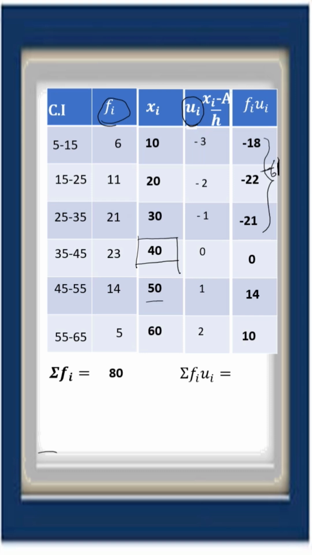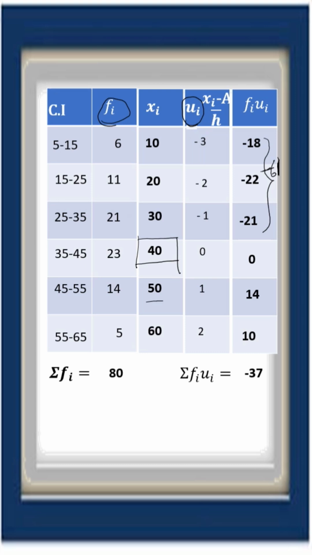Negative of 61. Here positive of 24. What is it? Negative of 37. So summation of fi ui is negative of 37, because the bigger number has the negative sign.